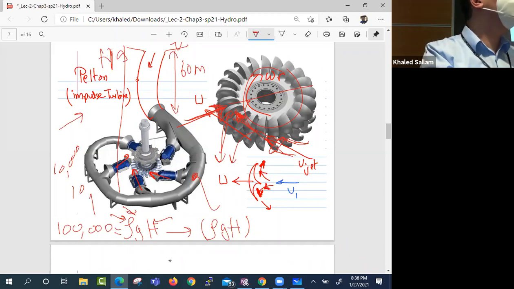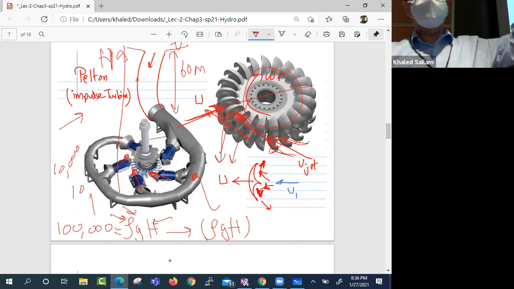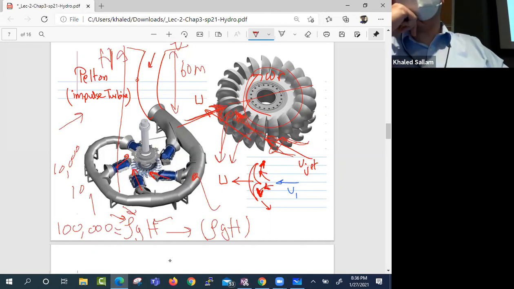You just need 10 meters. Right? If you have 10 meters of water on top of your head, you get 1 extra bar, because rho of water is 1,000, g is like 10, and H is 10. Right? So you can get the 100,000 from 10 kilometers of air on top of your head or 10 meters of water. So if the dam is 10 meters, the pressure is 2 bar at the bottom.